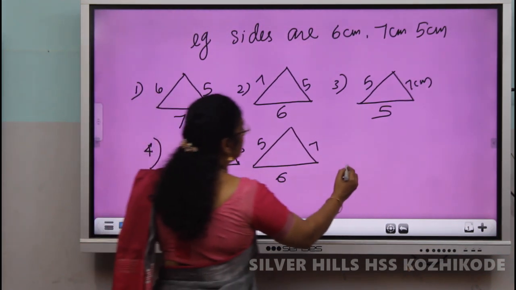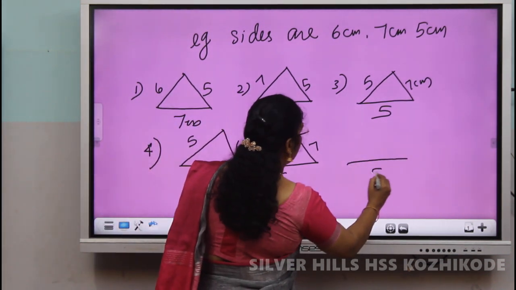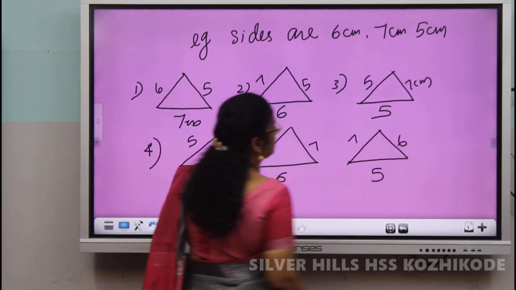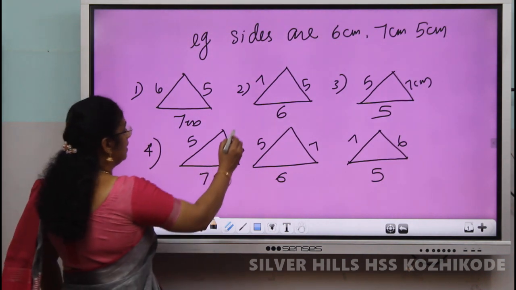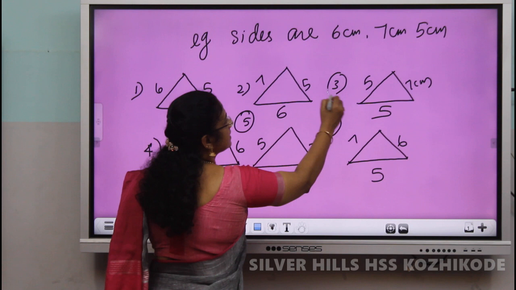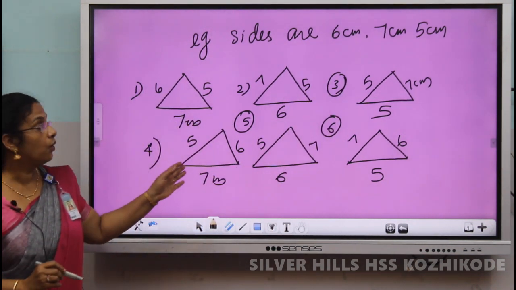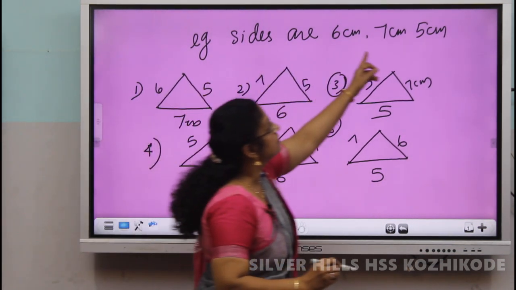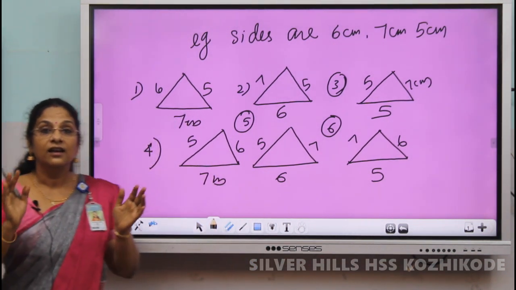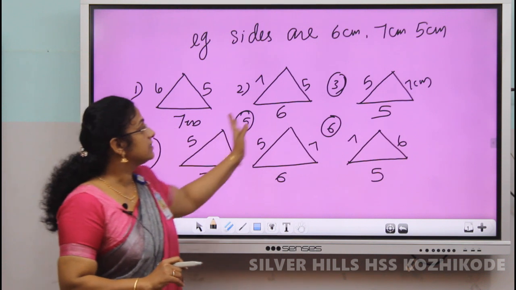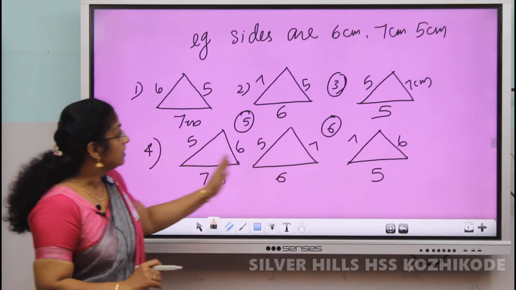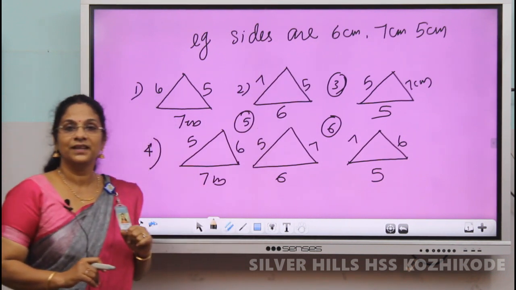Next one is 5, 7, 6. That means 6 different ways we can draw triangles by using the same measurement. Children, listen here. 6 different ways we can draw the triangle with the same measurement.